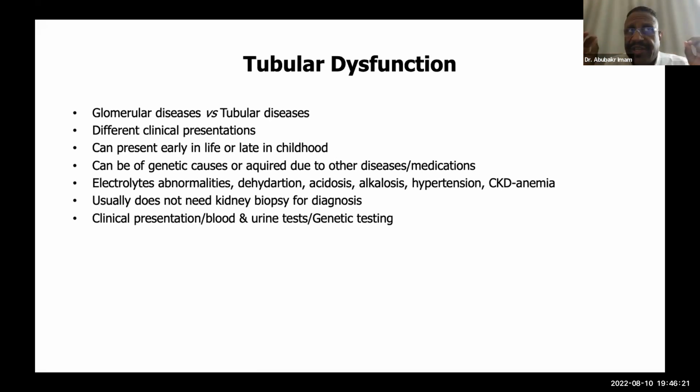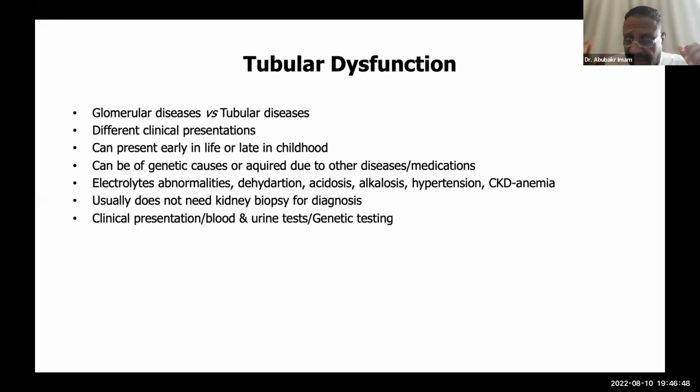Ultimately, genetic testing will be needed to confirm certain diseases with genetic causes. But in proteinuria, for example, or glomerular disease, a kidney biopsy will be warranted at some point, especially if they present with abnormal kidney function or an unusual presentation.